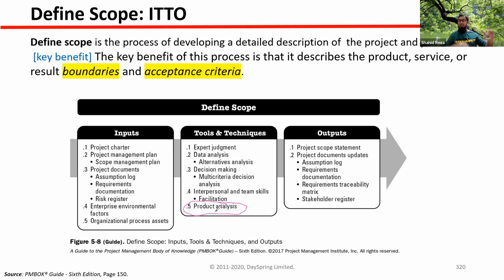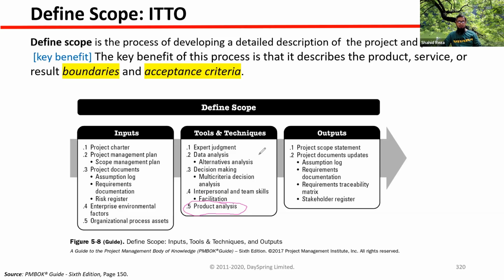You can analyze other available mobiles in the market independently, or with your team you can discuss what features and functionalities a modern mobile should have. In this way, you can do product analysis, and add those features and functionality to develop your product. So this is a very special tool used only in this define scope process, and it is only used when the project will deliver a product as an output.